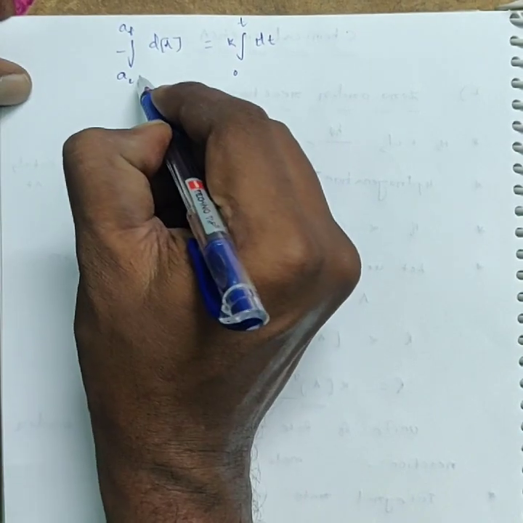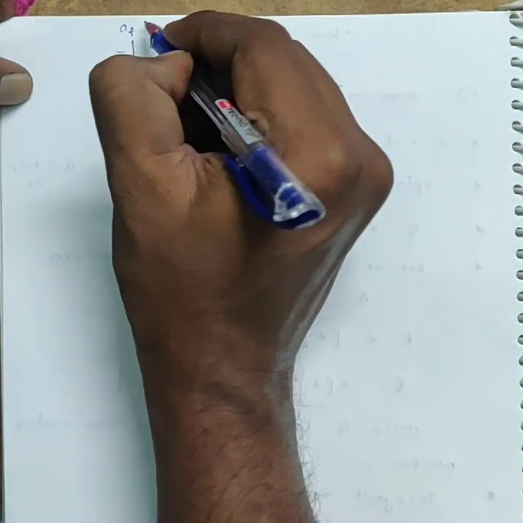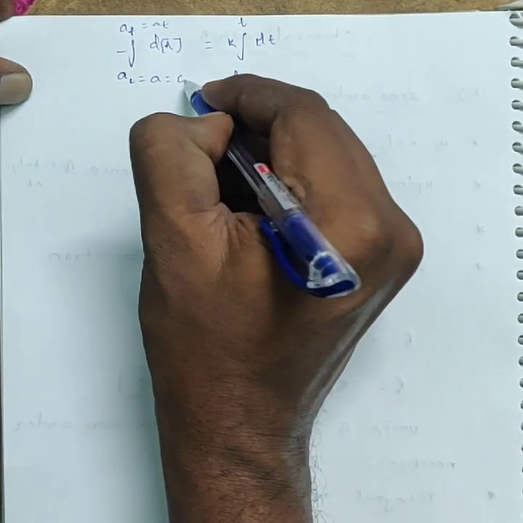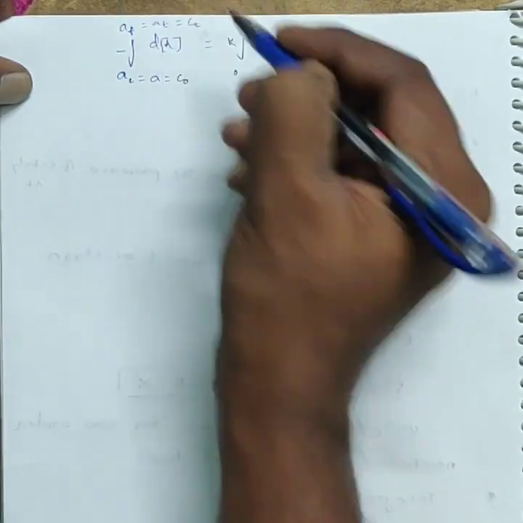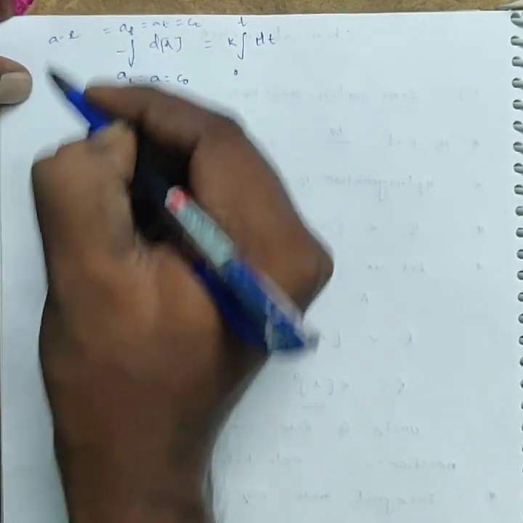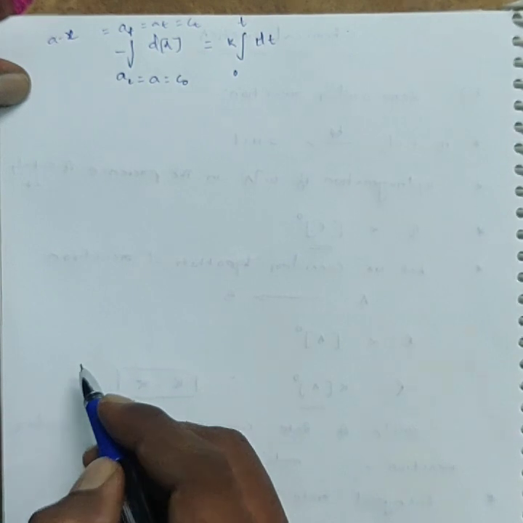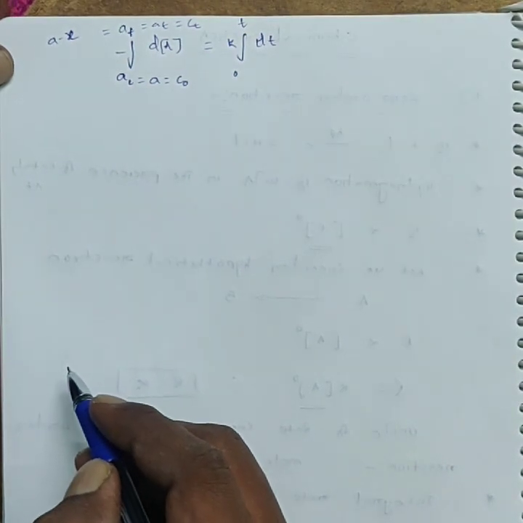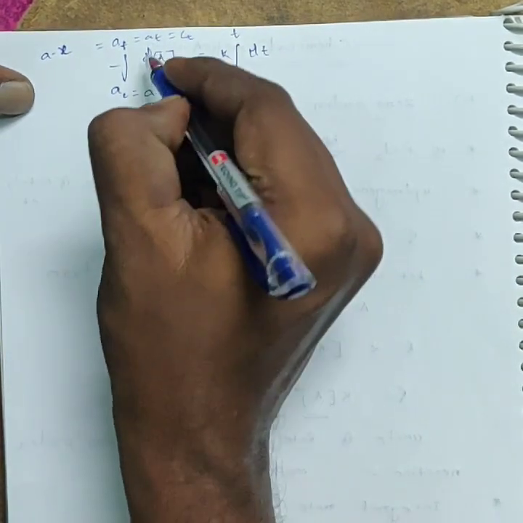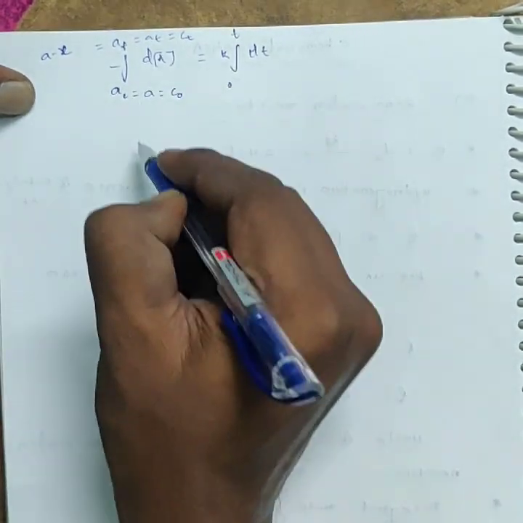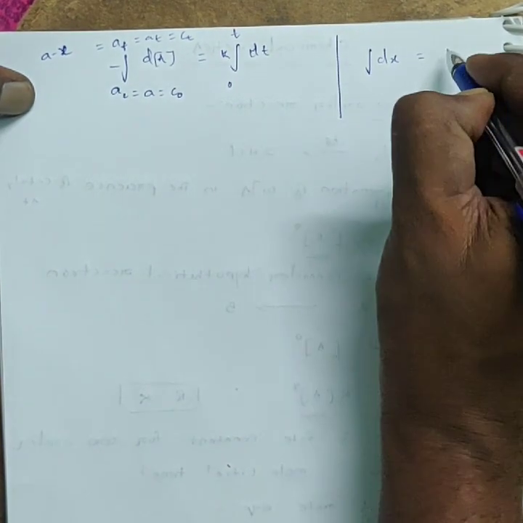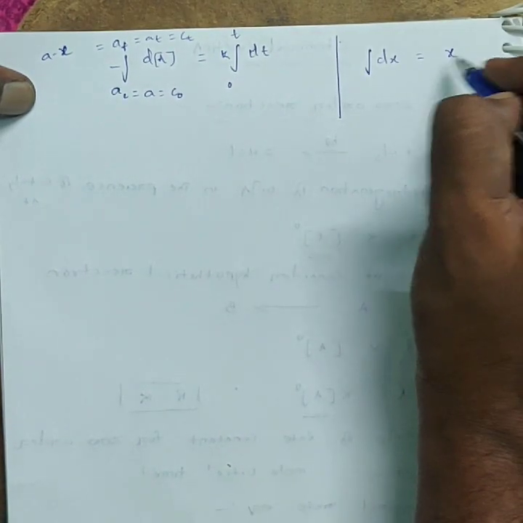So shall I consider initial concentration as a, final concentration as a minus x, or initial concentration as C0, final concentration as Ct? This is in turn equal to a minus x, am I right? So according to mathematics, integration of dx is equal to x.